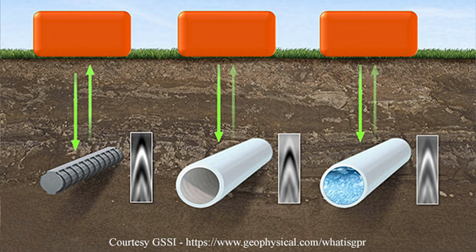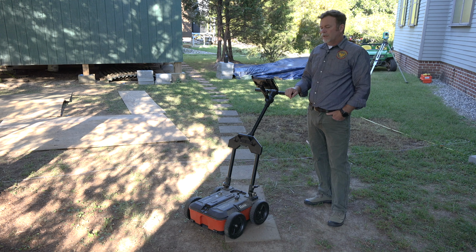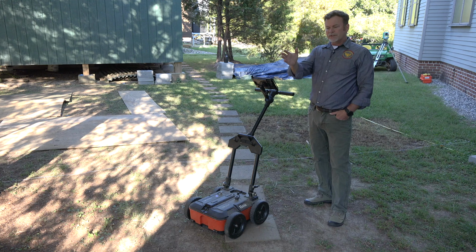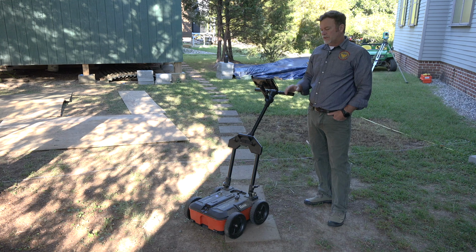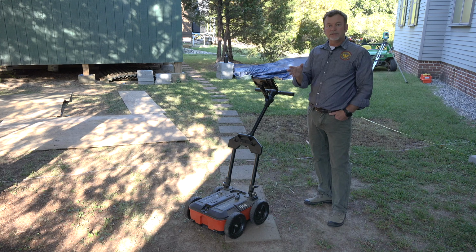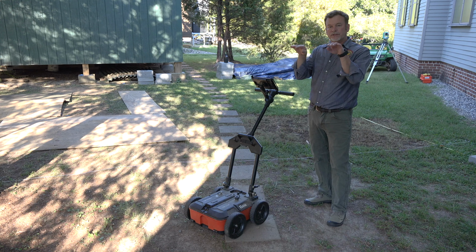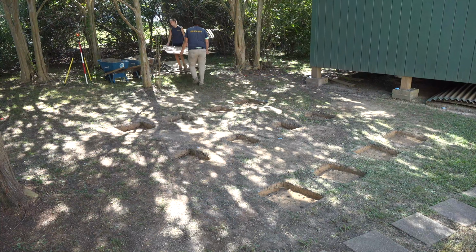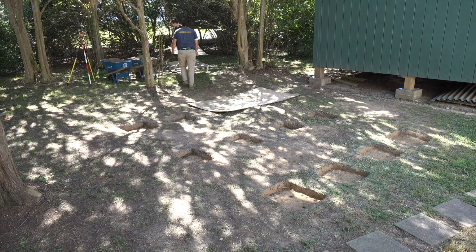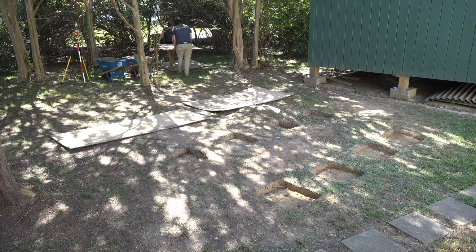They reflect off boundaries, so those can be ditches, pipes, graves, wells, anything that's out there. And through a series of segments that you run across the landscape, those lines or scans are then interpolated using a computer program and added together at depth to give you that sort of 3D model.